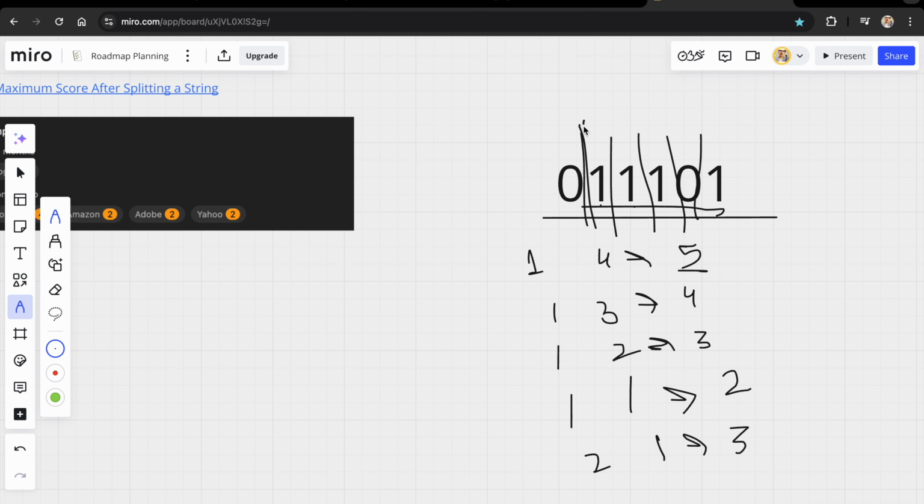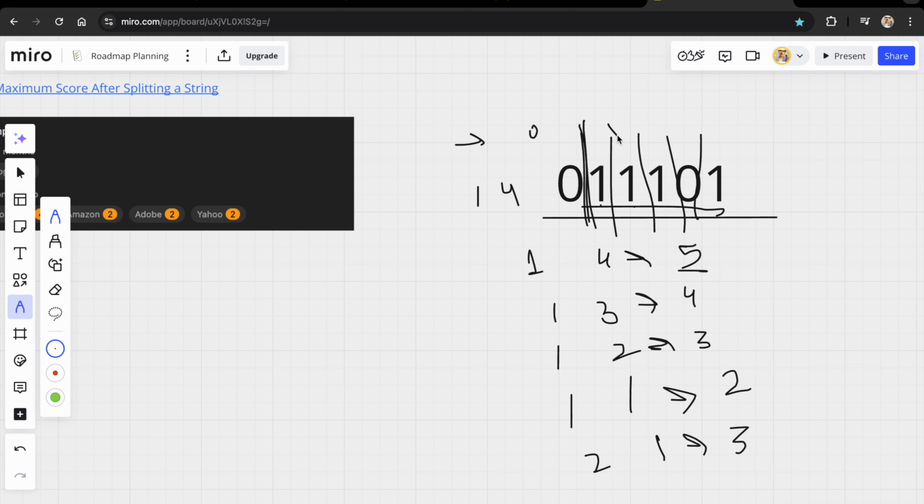If we make a split here, then we take a variable which stores the count of zeros. Here the count of zeros is 0, and we have a variable which stores the count of ones in the total string. So the count of zeros is 1, the count of total ones becomes 4, that gives us 5, and we will try all the splits.